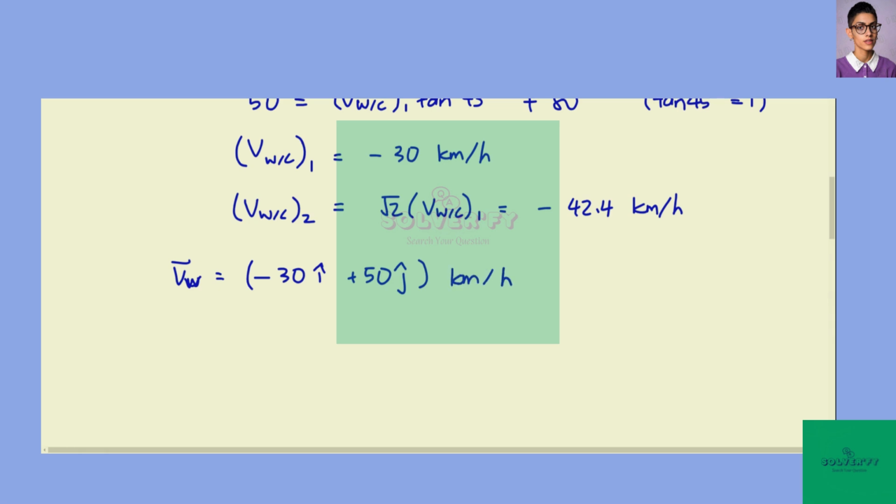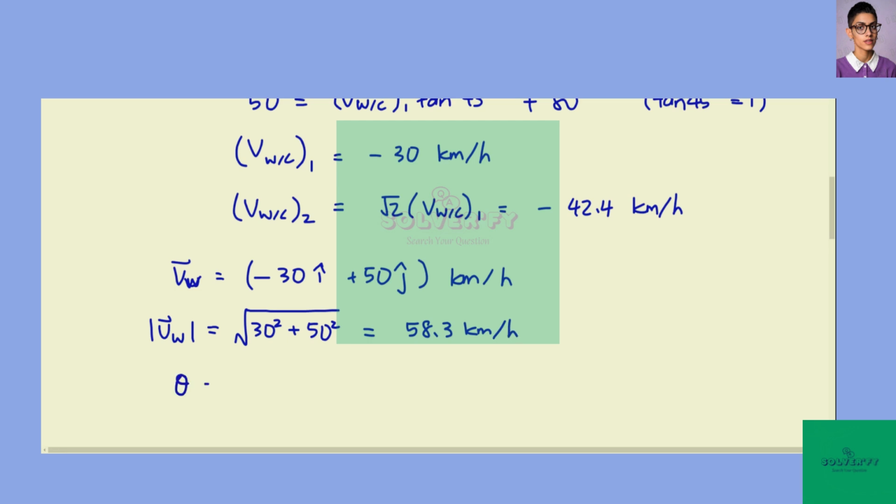The magnitude of the wind speed will be 30 squared plus 50 squared, and then take the square root of the sum, and you get 58.3 kilometers per hour.